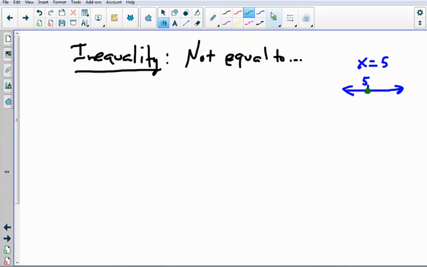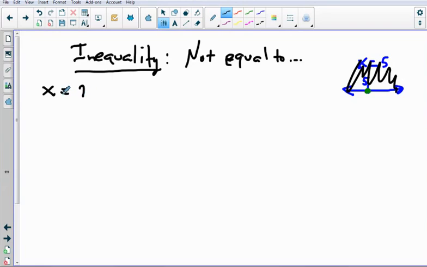Okay, so what I'm going to do is go ahead and look at the inequalities. So let's go ahead and mark through this just so we don't get confused with equality or inequalities. There we go. So the first inequality, and one you're really not going to see very much, I don't think you'll see it at all on K1, is say we have x is not equal to 7.